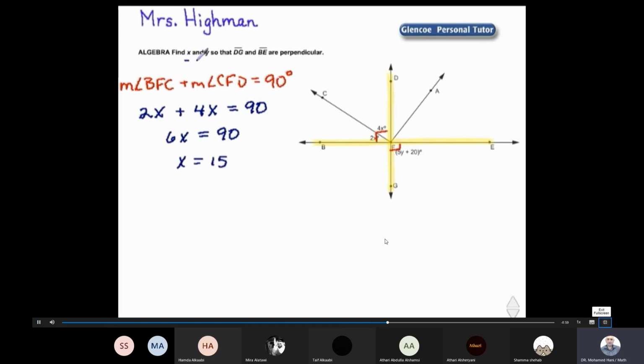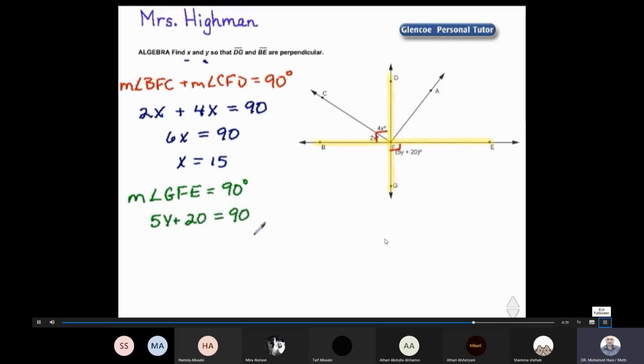So we found x. Now we have to find y. To find y, we're going to use angle GFE. So the measure of angle GFE has to be 90 degrees. And GFE, that angle is represented by 5y plus 20.